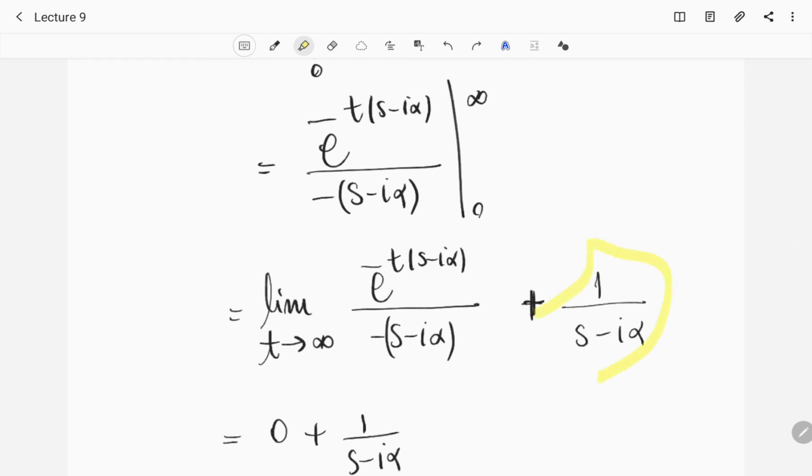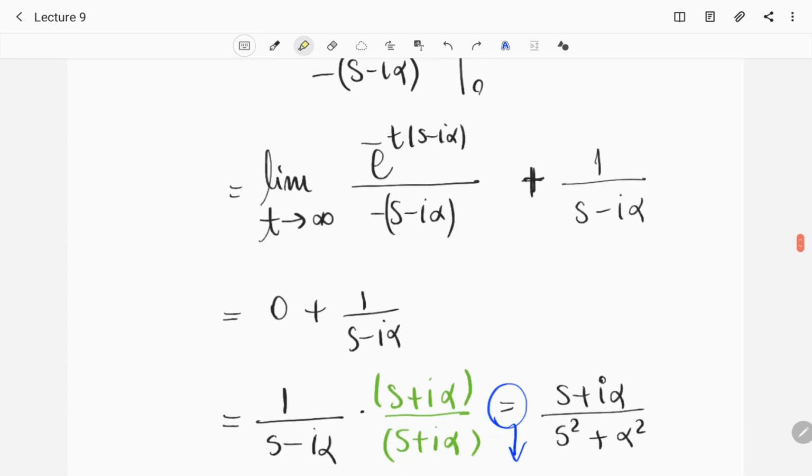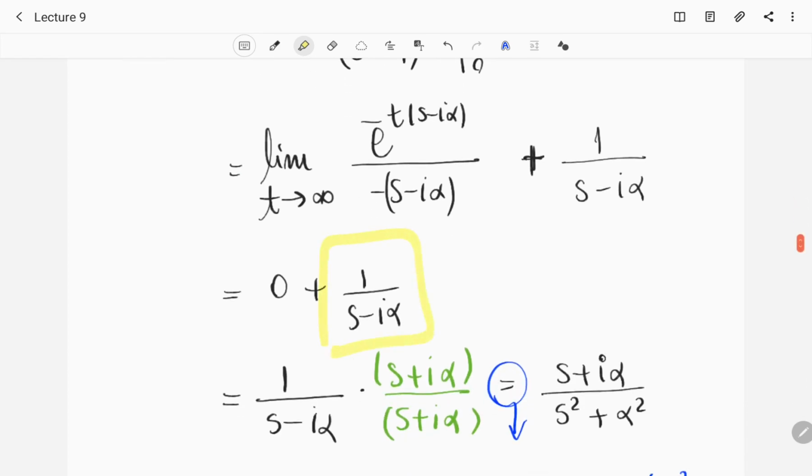Also we could have put this as a common factor, but now it's written like that, so let's leave it as it is. And this limit is equal to 0, so you can compute that. And we got this nice number, 1 over s minus i alpha.